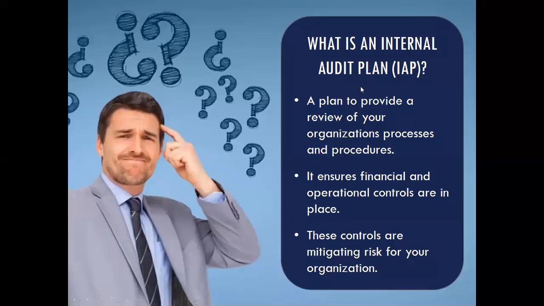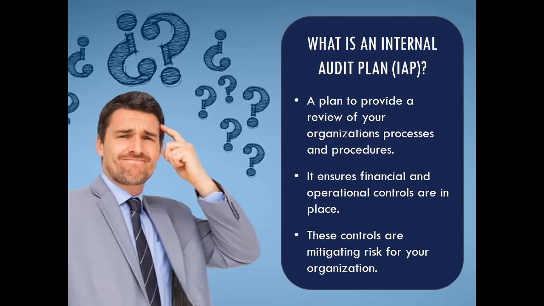Oh, it looks like we have a polling question, or I can speak to this slide a little bit more too, actually. Susan already touched on what the internal audit plan is and why we do that. It's really designed to give the organization a formal outline or roadmap of what processes and procedures they plan to review for a given time frame. Usually we see that these are structured for a 12-month period of time.